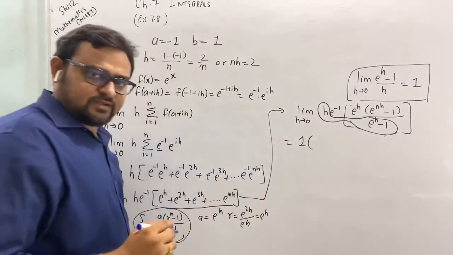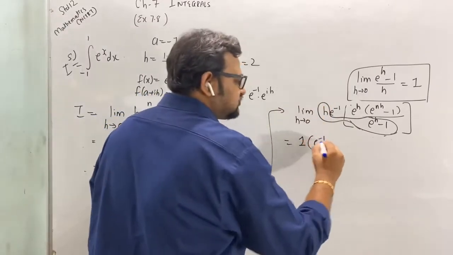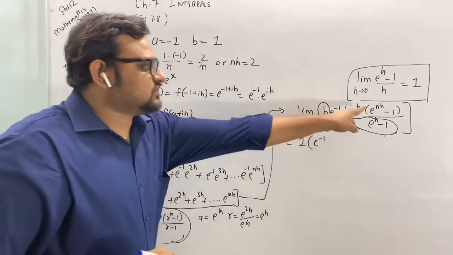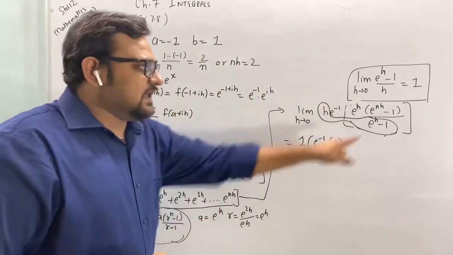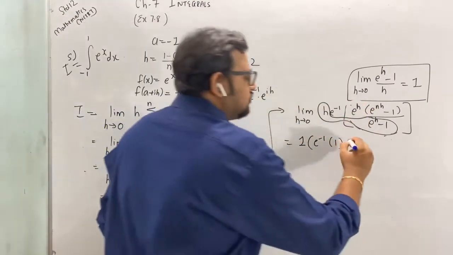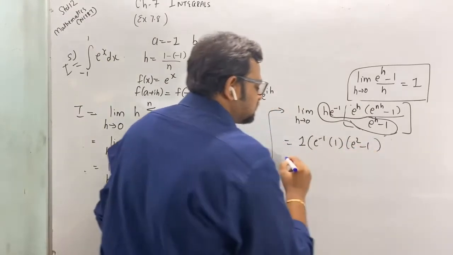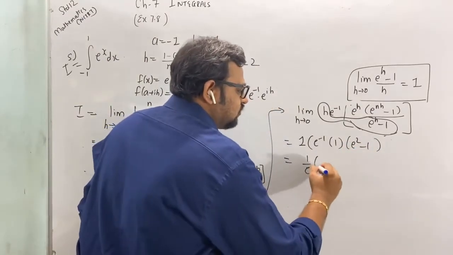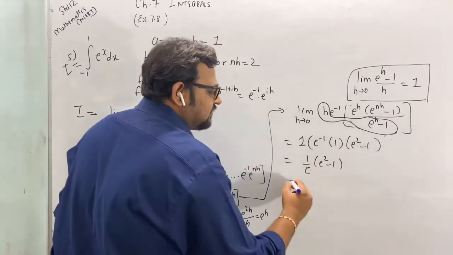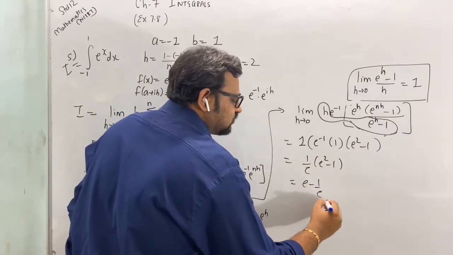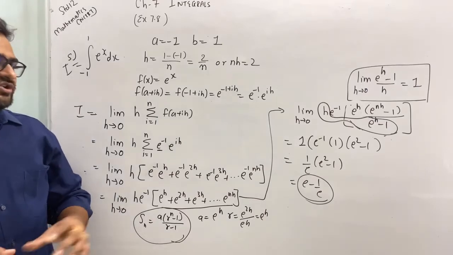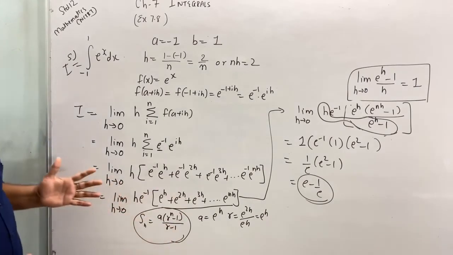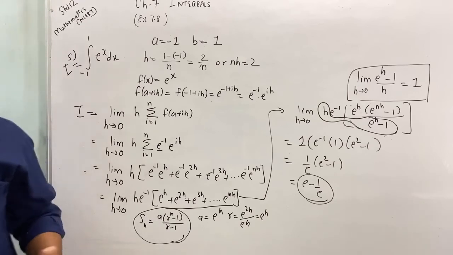I am removing the limit. Remaining is e raised to minus 1, e raised to 0, that is 1. nh, what is nh? It is 2, so e square minus 1. So e raised to minus 1 into (e square minus 1), I will multiply it, (e minus 1) by e. Clear? Okay. So just go through question number 5.